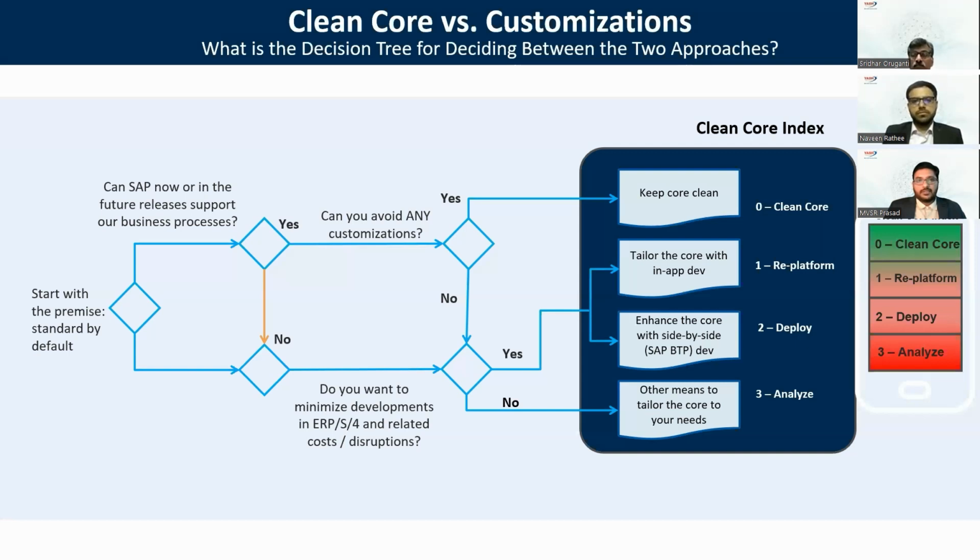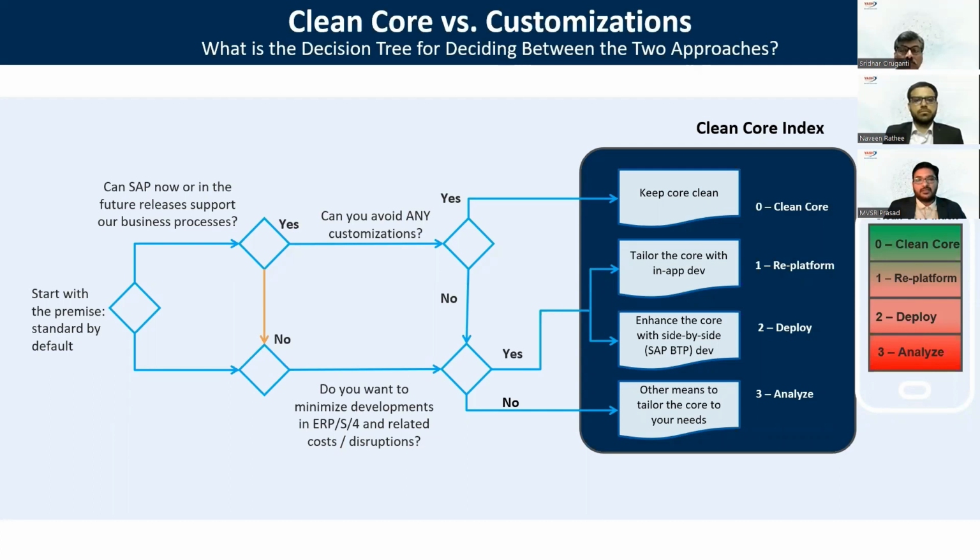Okay. So this particular topic, clean core versus customizations, talks about a process where I can decide which index my system falls under when it comes to the clean core aspect. Generally the clean core index starts with 3, 2, 1 and 0.